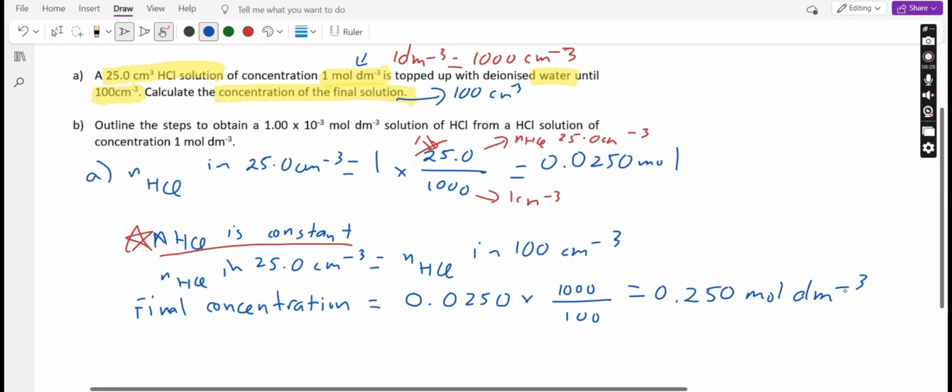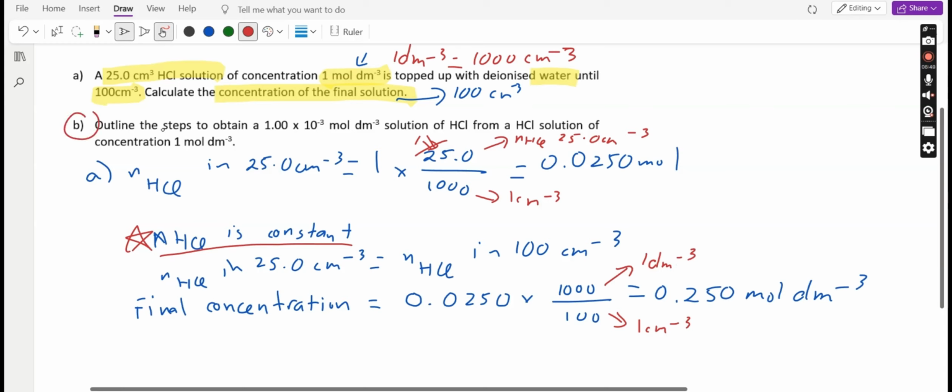Alright, so now in case you guys are rusty, here you are dividing by 100 to find the number of moles in 1 cm cube, and then by multiplying by 1000, you're finding the number of moles in 1 dm cube. Right?